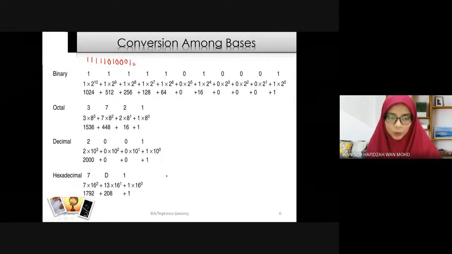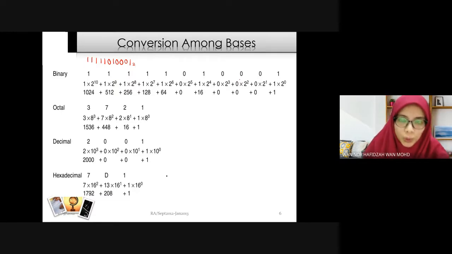Now what we have is 11111010001 base 2. We want to convert this binary number into decimal. So what we need to do is, first, separate the digits one by one.